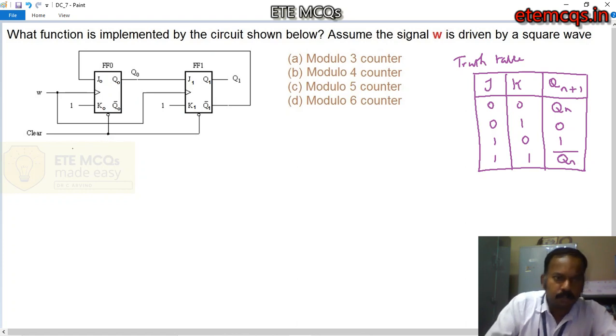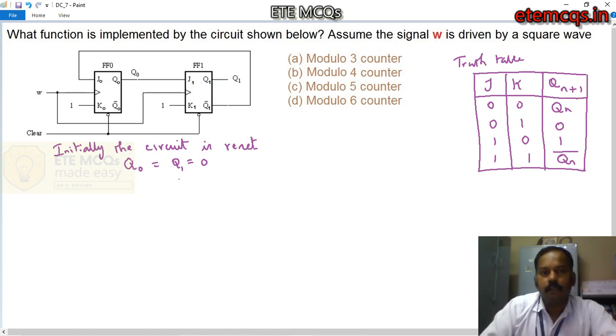Initially, let us assume that the clear signal is enabled so that both the flip-flops are cleared. Q0 and Q1 both are 0 initially. The circuit is completely reset so that Q0 and Q1 both are 0.